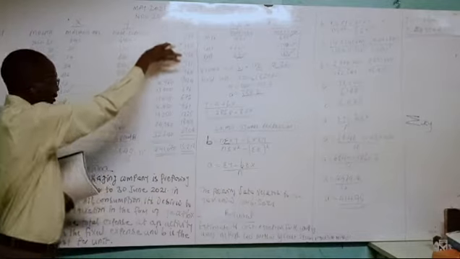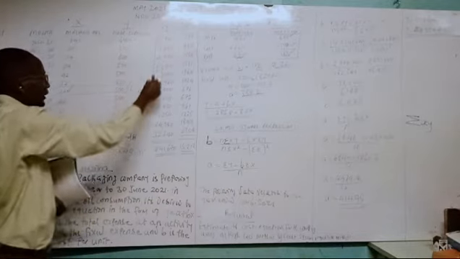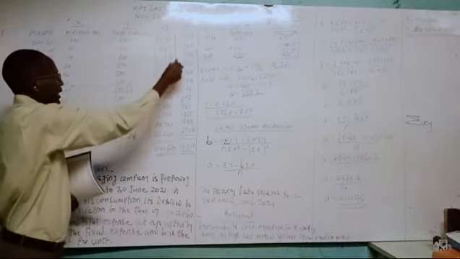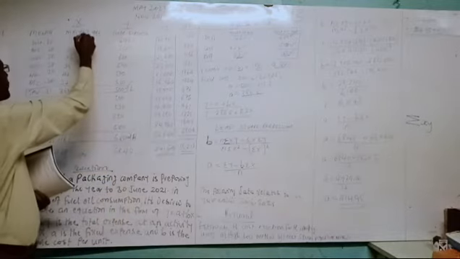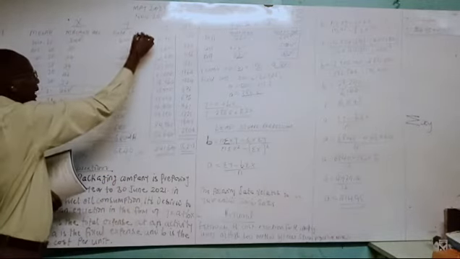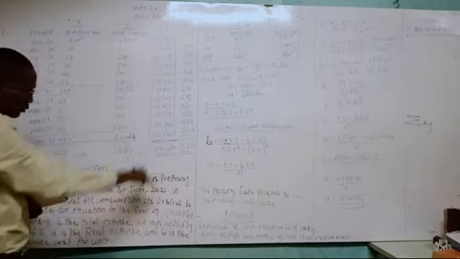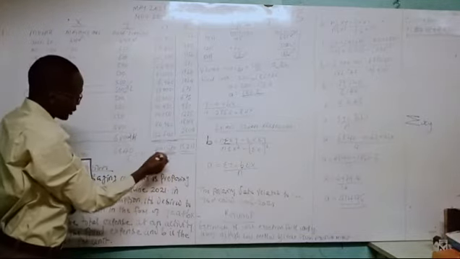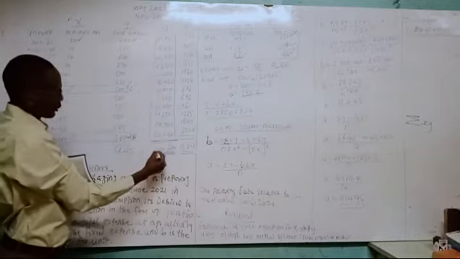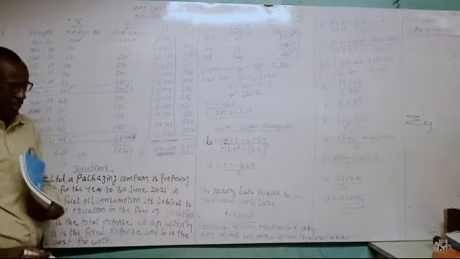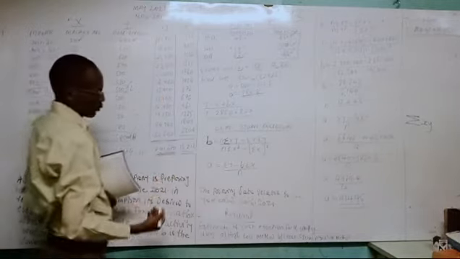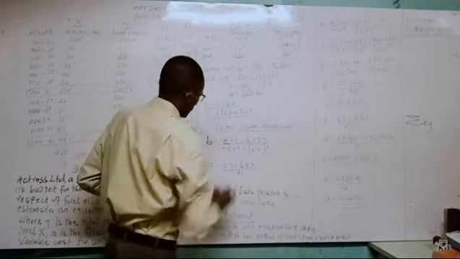So to get this column, the xy, you are multiplying x and y. And then you add all of them. If you add them downwards, you get the summation. In our case, the total is 241,670, which we are supposed to use here.